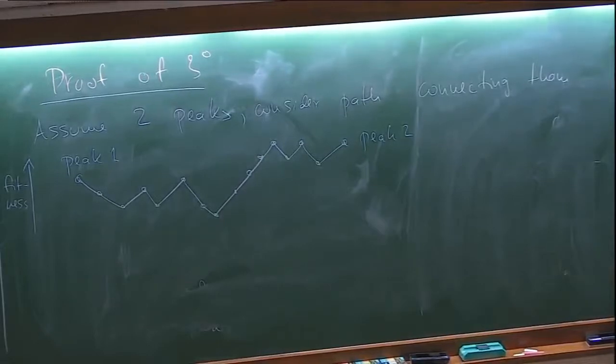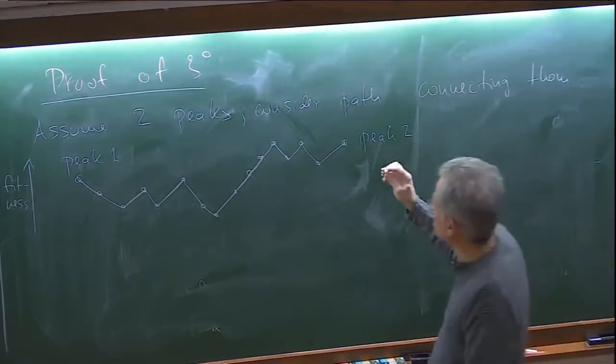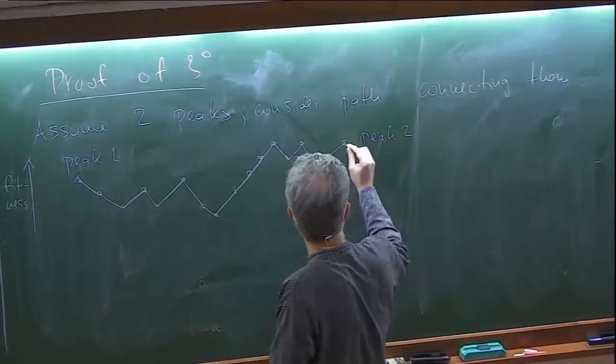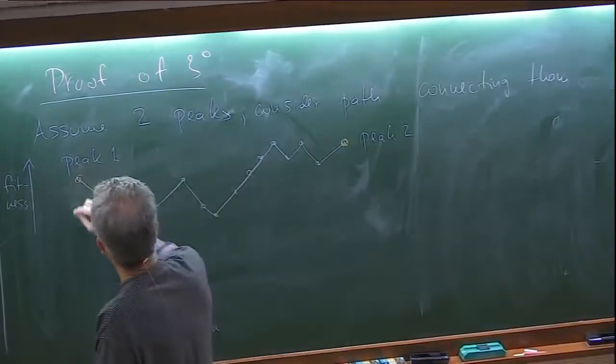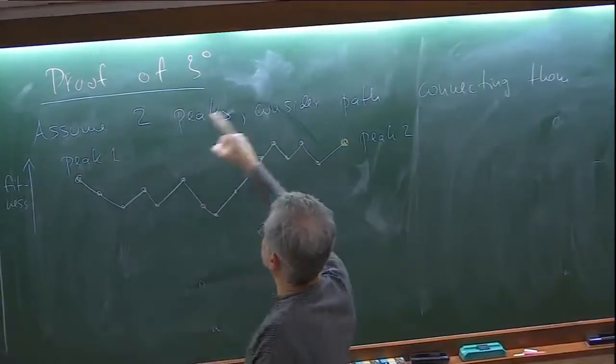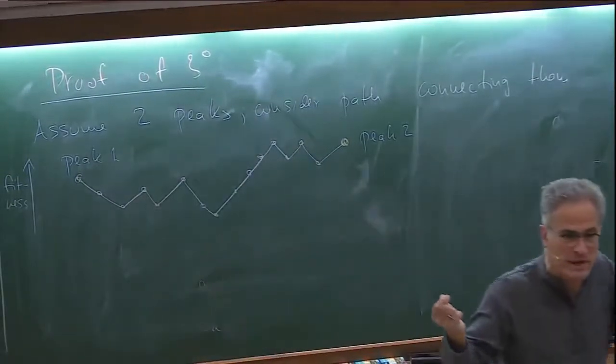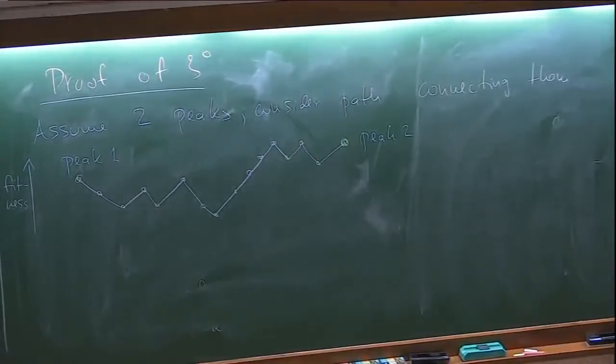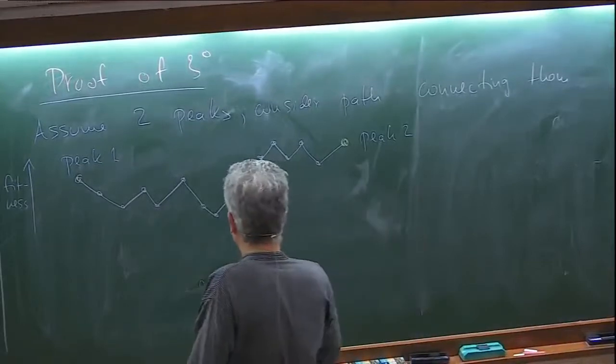Now obviously, every such path has a point of lowest fitness, right? And this is actually the only point where the fact that this path is connecting peaks actually comes in. If these were not peaks, then the path could be like this, and the lowest fitness could be at the end, right? But because it's a path connecting 2 peaks, the point of lowest fitness has to be somewhere in between.